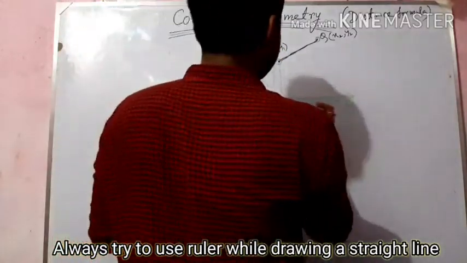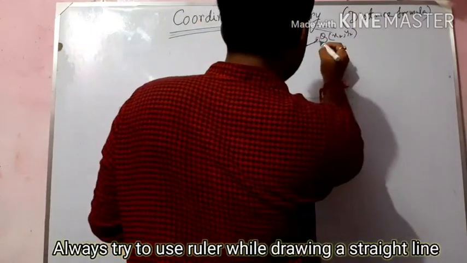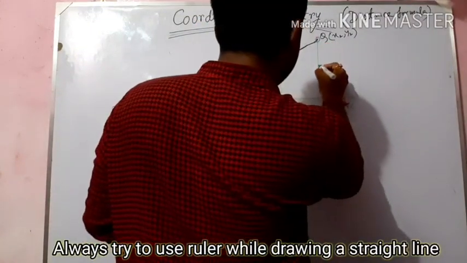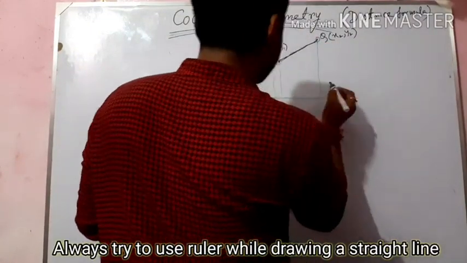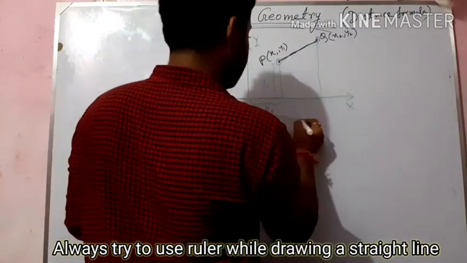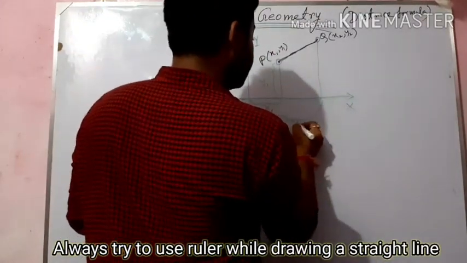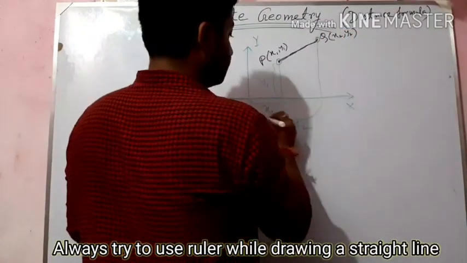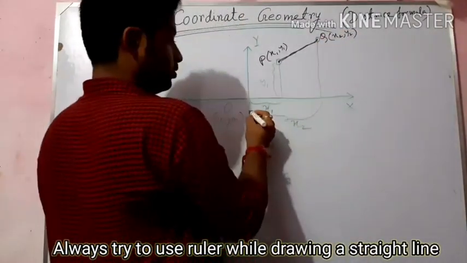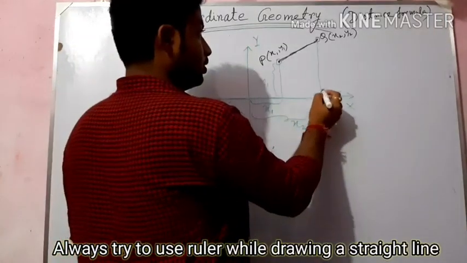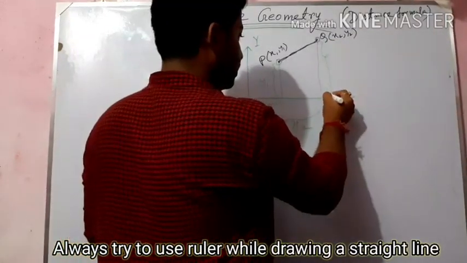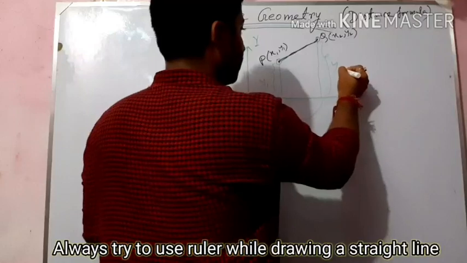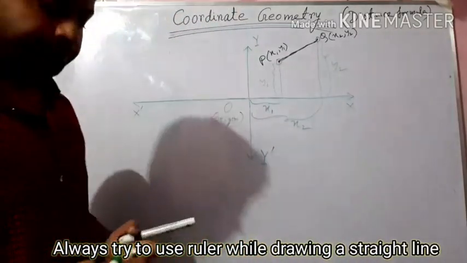Similarly, this is the abscissa of this point Q, so this should be x2, and this is the ordinate of this point, that is y2, right?